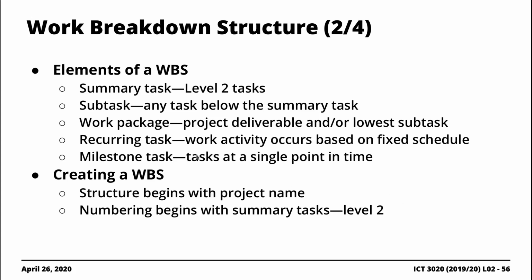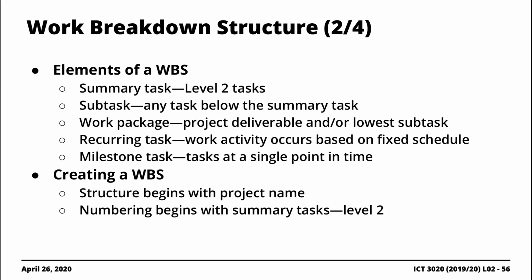So some key elements associated with the work breakdown structure, as you're constructing it, you realize that there are entities called summary tasks. So it's usually the case that the top level of the work breakdown structure is actually the project name. The level 2 entities are what we're referring to as summary tasks. So if we were to think of it from the perspective of the different projects we're working towards, your level 2 tasks would be the different phases associated with the project.